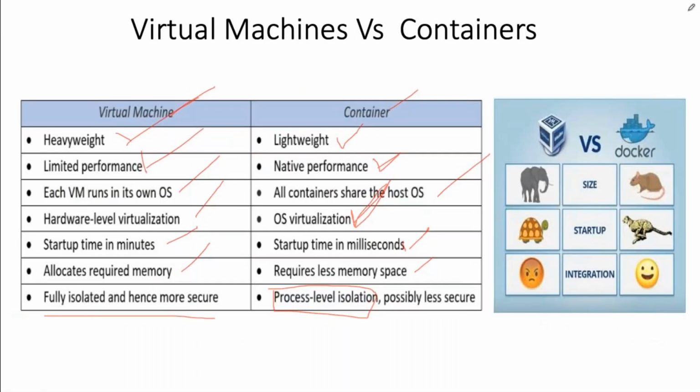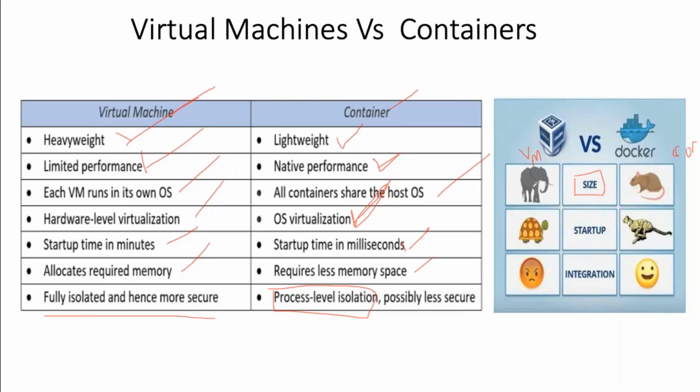If you see this diagram, you can easily understand the comparison. This is the VM, virtual machine. This is the container. Guys, I am not this creative, but I took some comparison diagrams from the official documents and the internet. Container size versus VM size: don't say the container is a rat and the VM is an elephant.